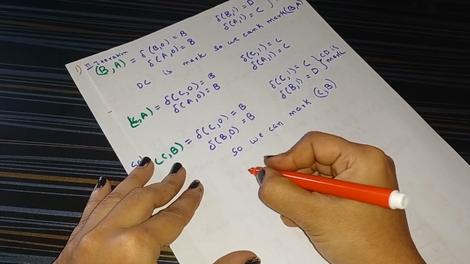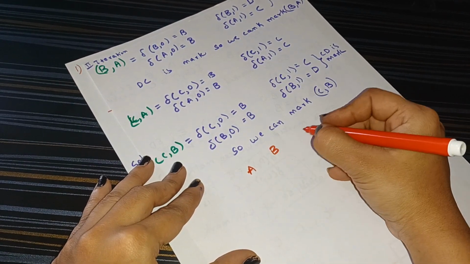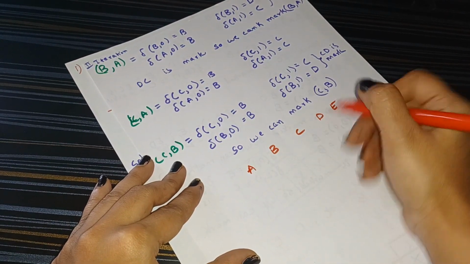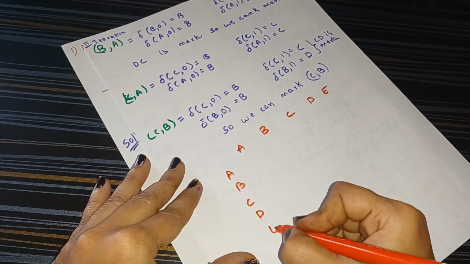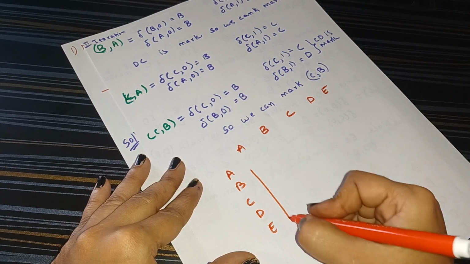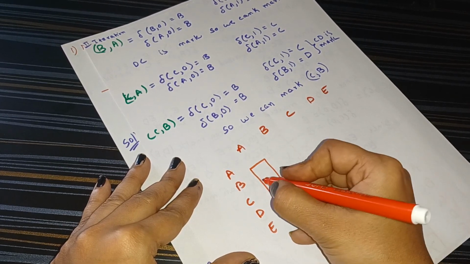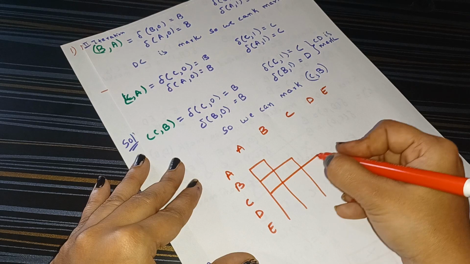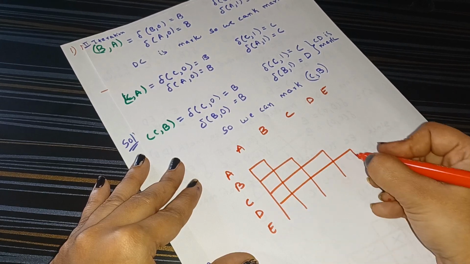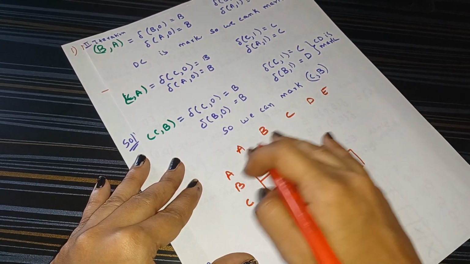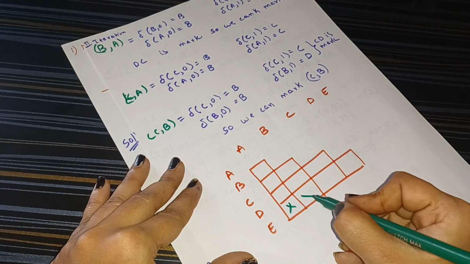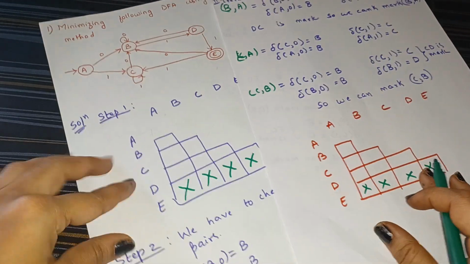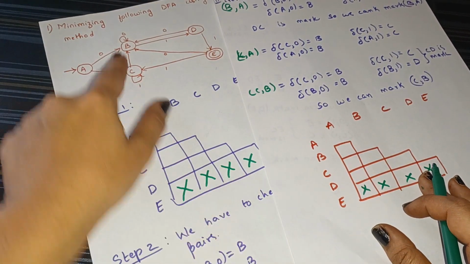So we'll draw the final table for this: D, E, A, B, C, D, E. We are leaving off this EA. We already know that this E was the first thing we got from the starting diagram.